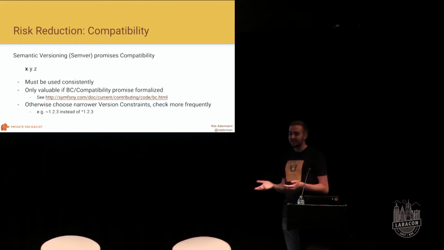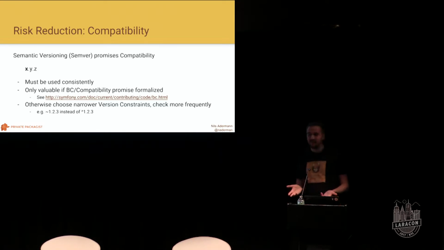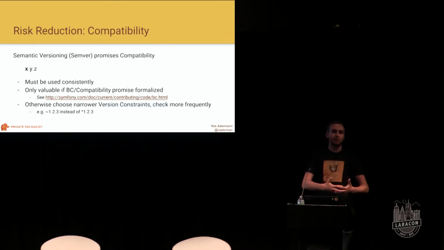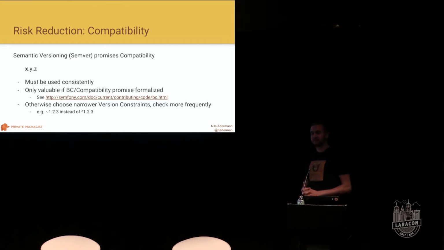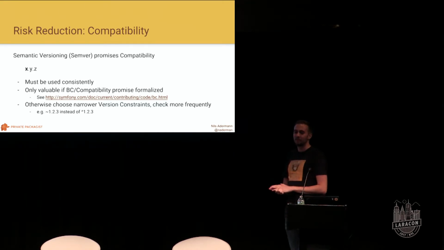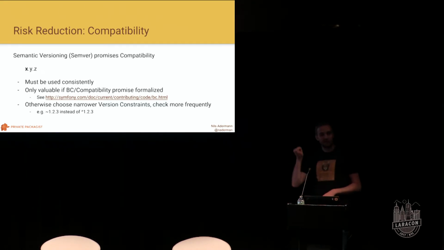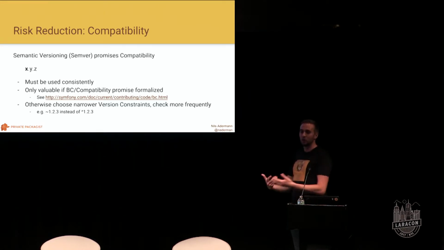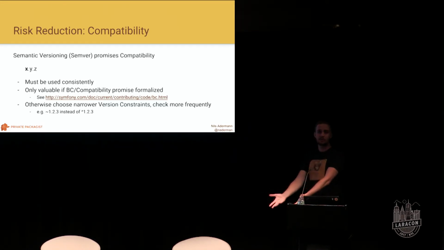Now, obviously, this is kind of useless if you decide as a developer of a library that, really this time, that BC break was so small and unimportant, we don't really have to increment X for that. Because you're going to have a user of that library who relies on just this one thing, and they can no longer trust this promise because you just broke it.